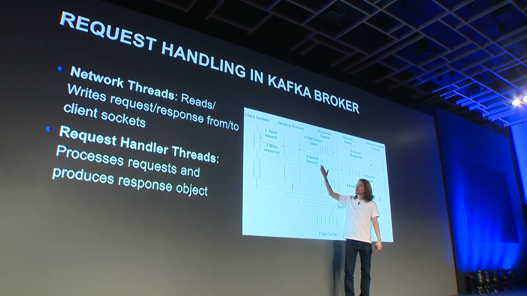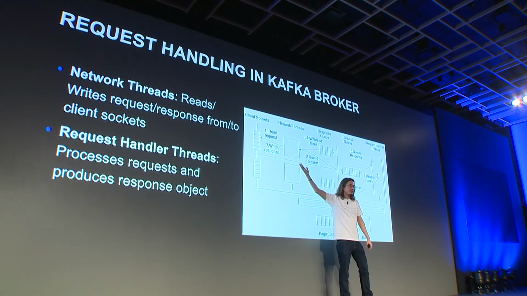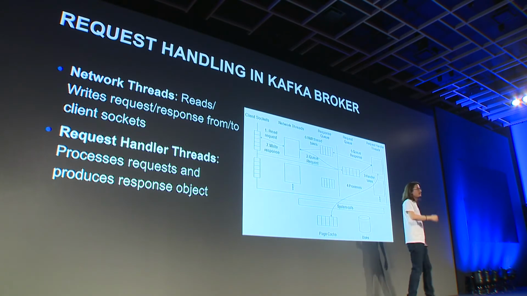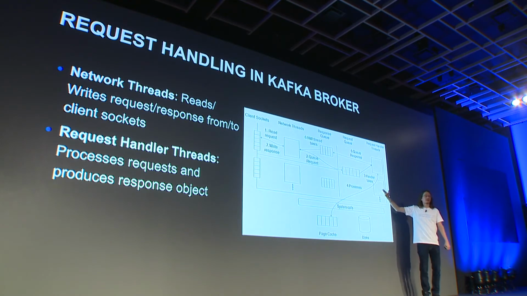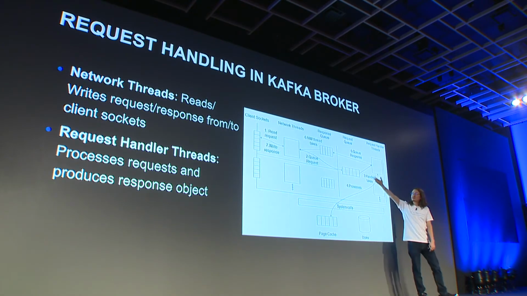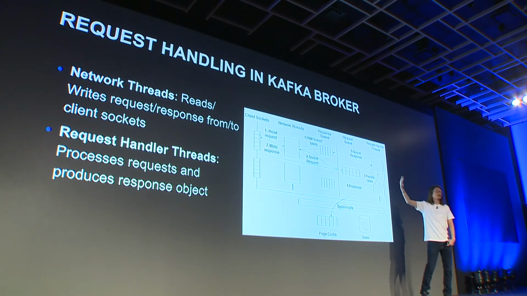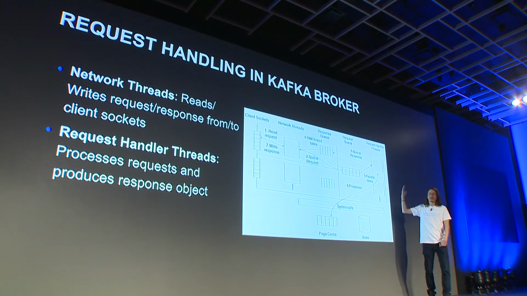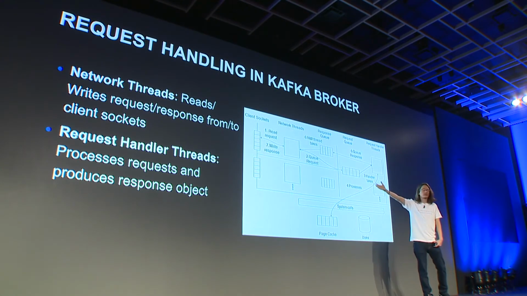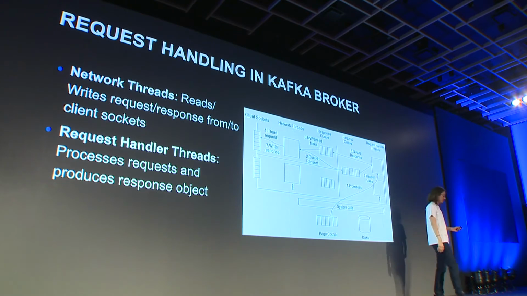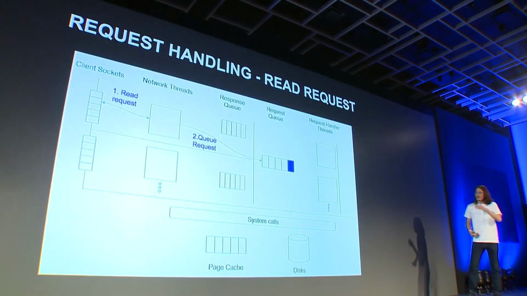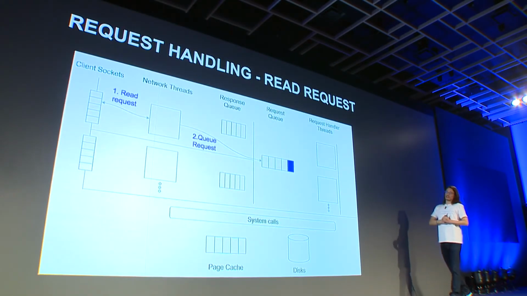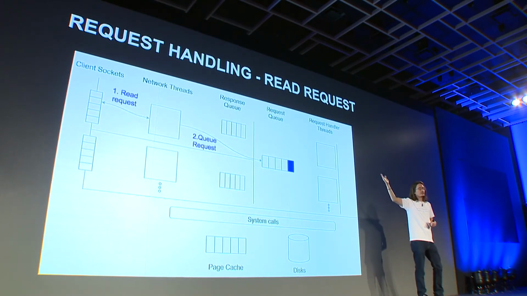It reads the request coming from the client socket, prepares the response, and writes that to the socket. Another layer is the request handler thread. The request read by the network thread is processed, and it prepares the necessary response object and returns it. So this is the overall flow.